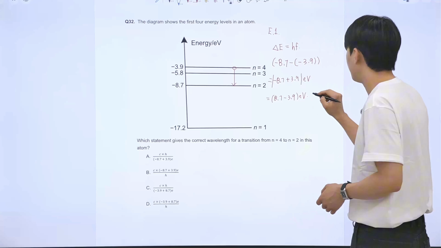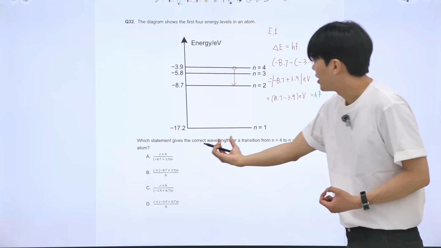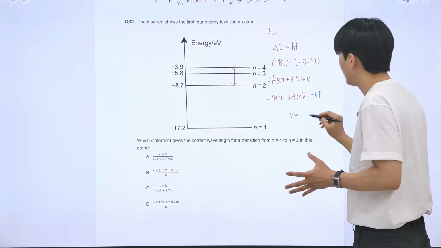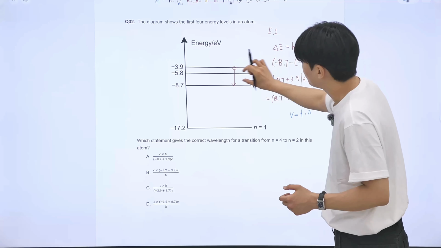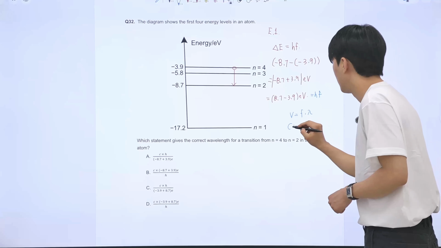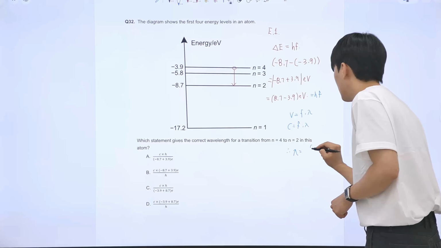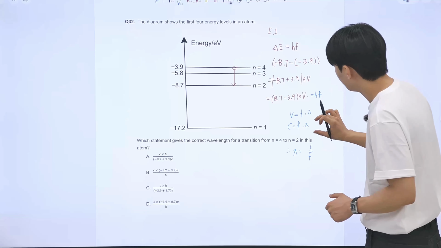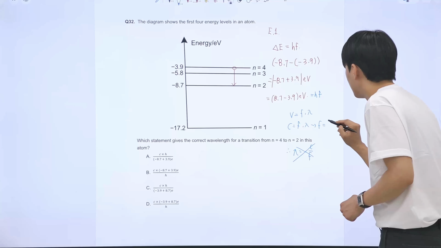How about the other part here? That equals h times f. We want to know the wavelength, right? So using the speed of wave equals frequency times wavelength, and that speed should be the speed of light, so c equals frequency times lambda. That means lambda equals c over frequency f. So f equals c over lambda.